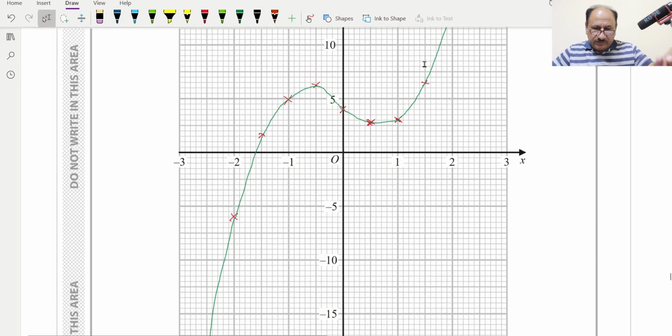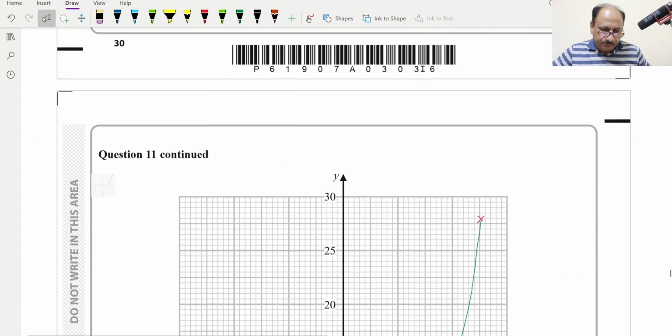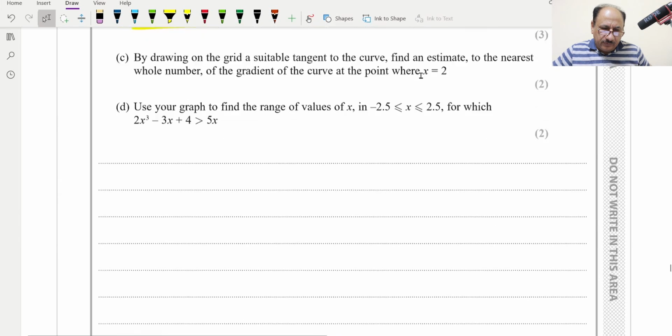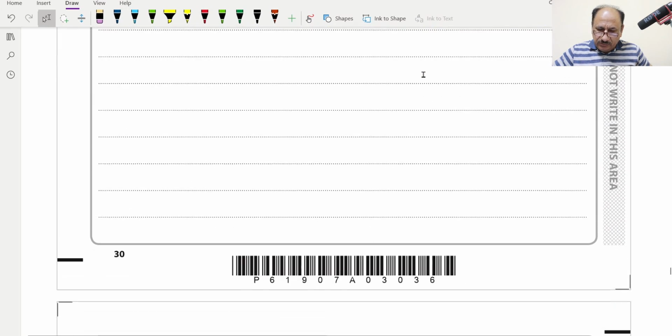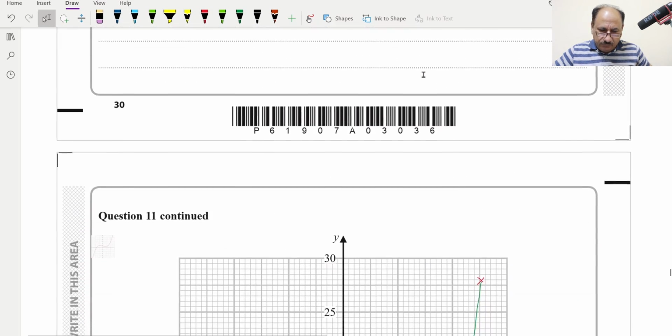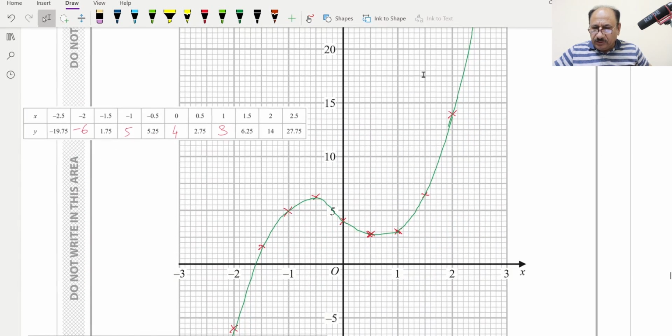Now the next part: after plotting this one, by drawing on the grid a suitable tangent to the curve, find an estimate, to the nearest whole number, of the gradient of the curve at the point x is equal to 2. So at x is equal to 2, we have to draw the gradient.